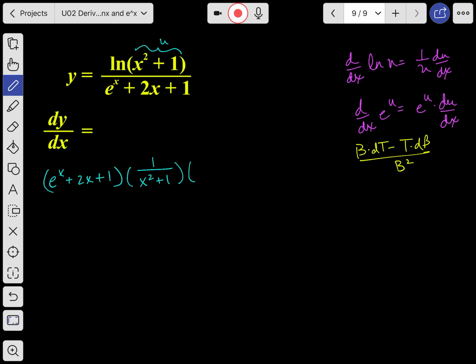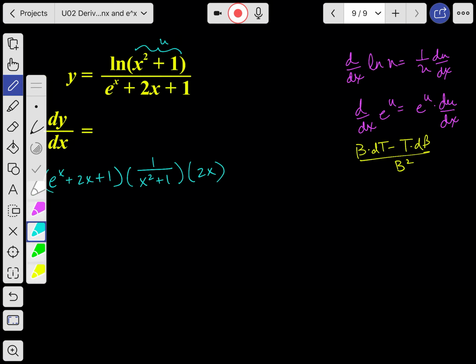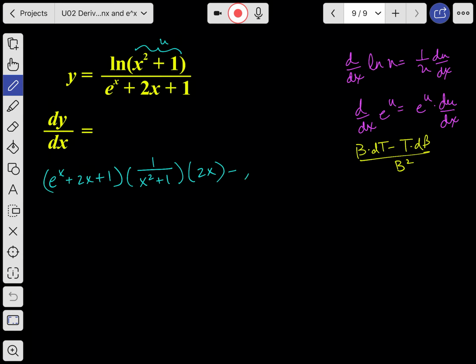times derivative of u. So 2x, that's it. So I have bottom times derivative of the top minus the top times derivative of the bottom. Looks like in the bottom we have just a bunch of chain rule, or a power rule with the chain rule.